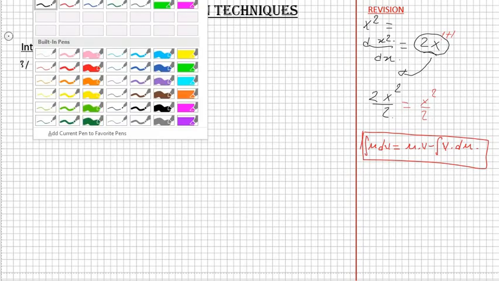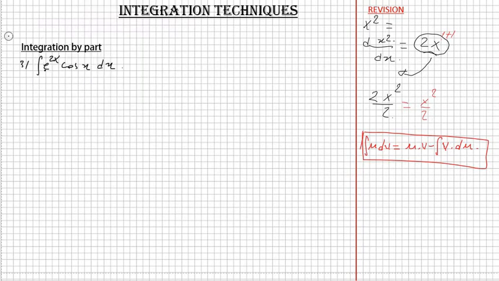So here, I call that u, and that one the derivative of v. Therefore, u is equal to e to the power of 2x, and the derivative of v is cos of x.